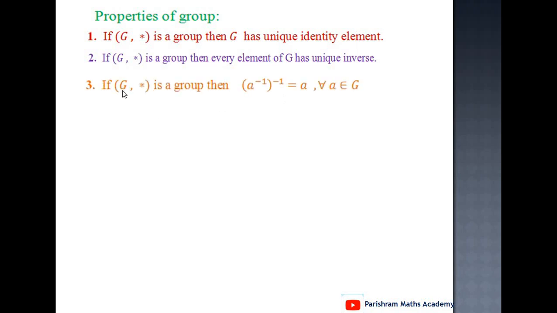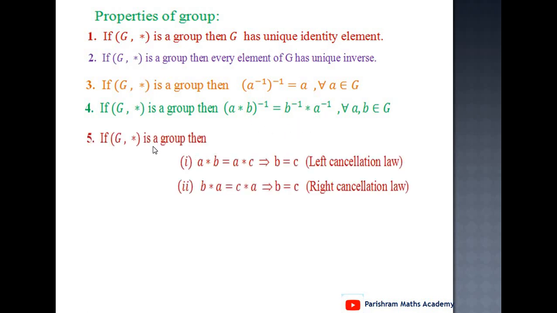Third, if G comma star is a group, then (a inverse) inverse is the same as a for all a belongs to G. For any element a belongs to G, (a inverse) inverse is the same as the element itself. Number 4, if G comma star is a group, then (a star b) inverse is the same as b inverse star a inverse. This is called the reverse law of inverse.